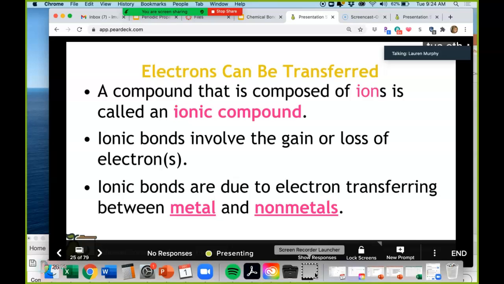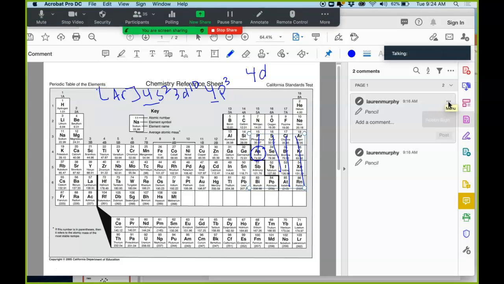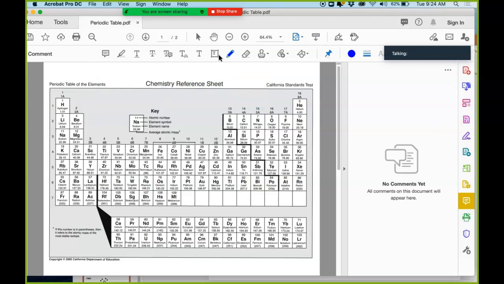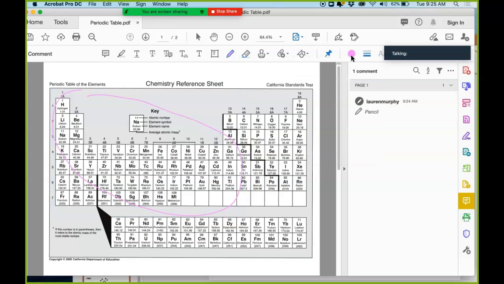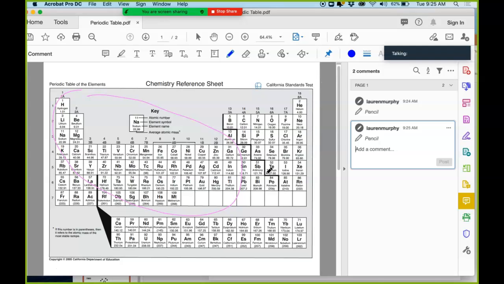So if you look on our periodic table, that's going to be metals pairing up with nonmetals.